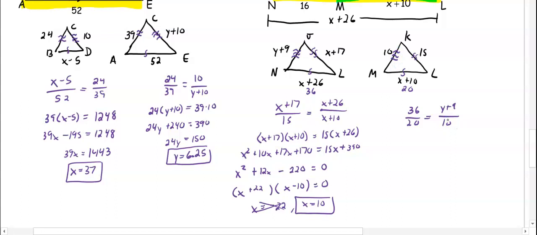As we cross multiply here, we get 20 times (y plus 9) equals 36 times 10. 20y plus 180 is equal to 360. We can subtract 180 on both sides. So 20y equals 180. We divide, y is 9.